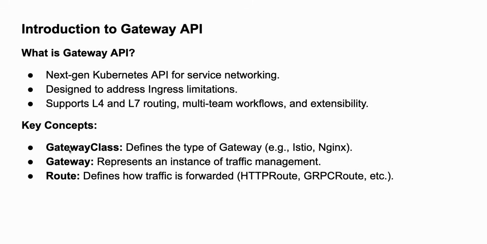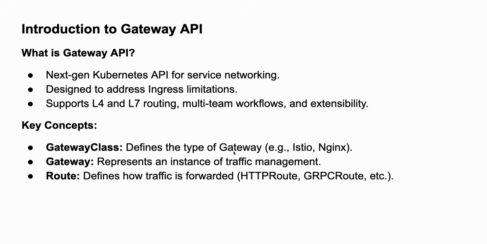So these are the key concepts, or what we can say components, of Gateway API. One is GatewayClass. It defines the type of gateway. Basically we have several types of gateway like Istio, Nginx, K6, K gateway, F5, etc. In the GatewayClass we just have to mention the name of the gateway we are trying to use.